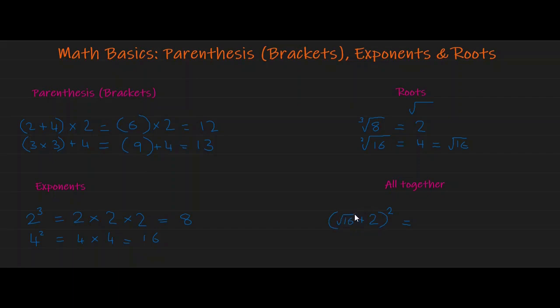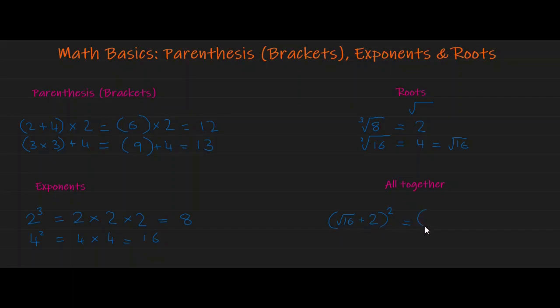It says square root of 16 plus 2, and then you close the brackets, and the whole would then be squared. So because this is in brackets, we would always solve this first, and whatever the answer is, we would then square that. So let's look at solving this.